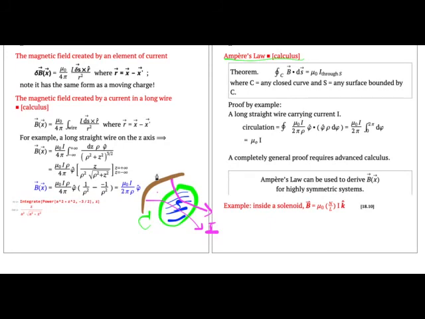There's a magnetic field that's curling around this current. Well, the line integral, or the sum of all the little sections of magnetic field around this loop is mu naught times I through the loop.